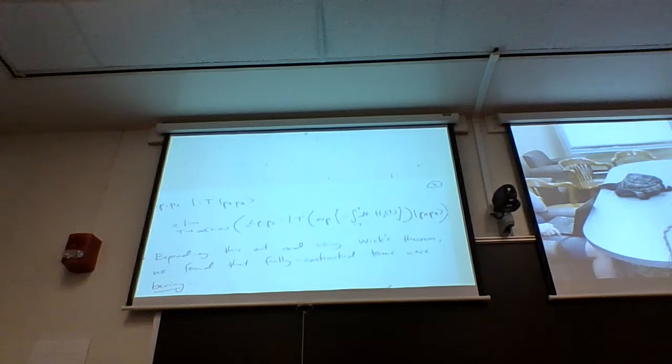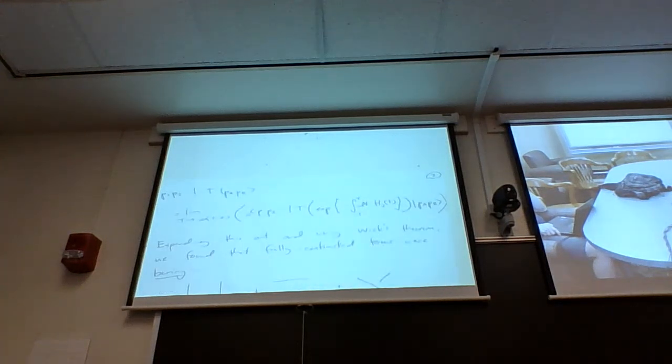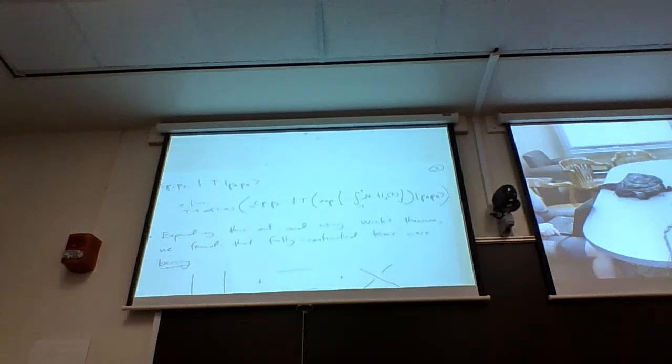And what we've done is we've worked out a prescription on how to compute these things. So we expand this thing out, and then we have this time-ordered product. We can use Wick's theorem, which tells us that a time-ordered product is the same thing as a normal ordered product plus all possible contractions amongst the fields.